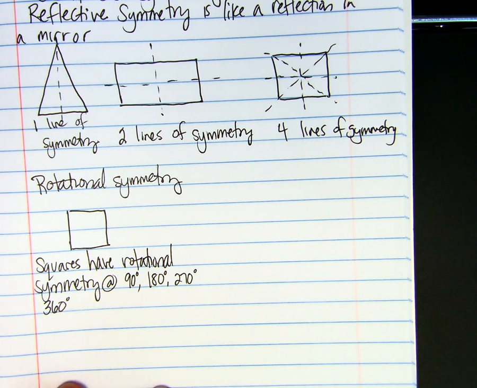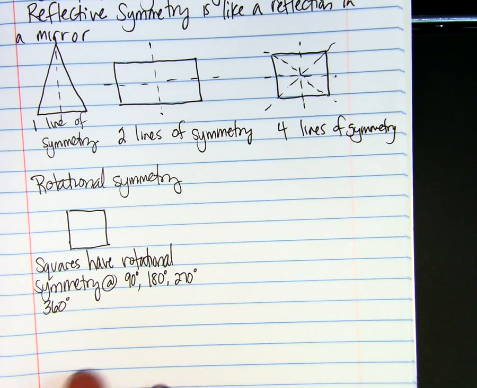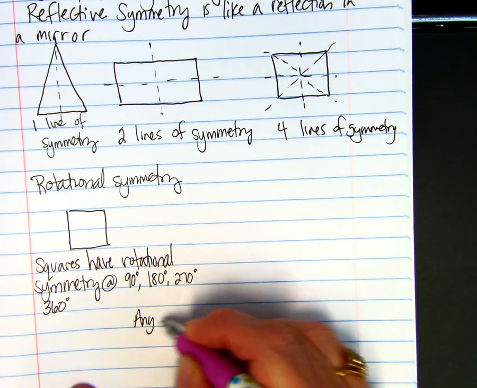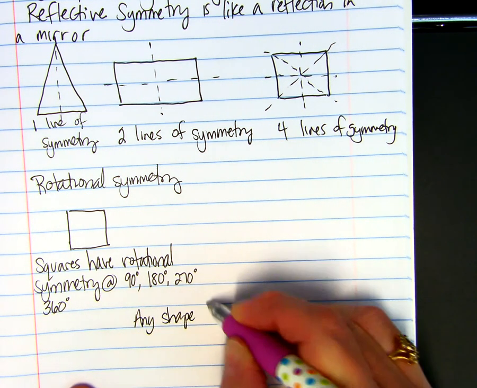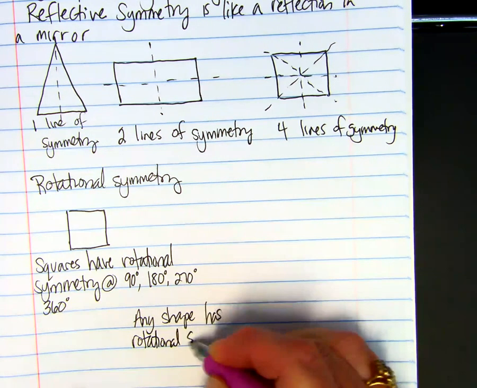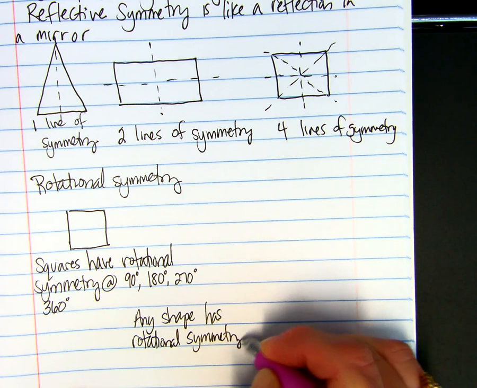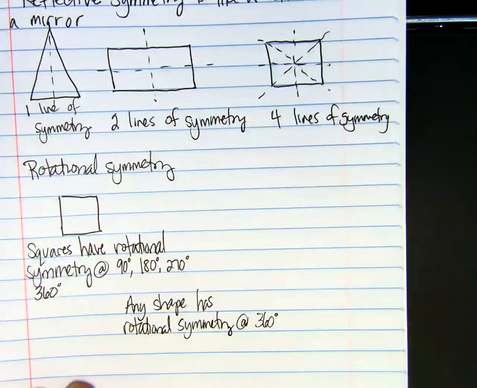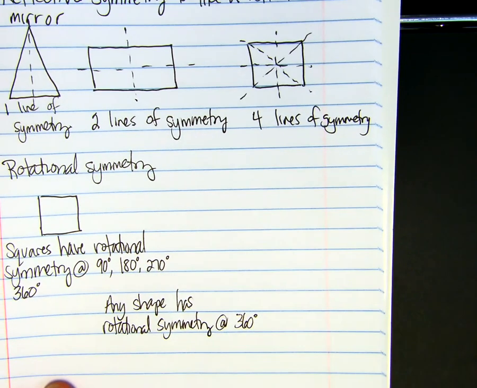I just want to say that any shape has rotational symmetry at 360 degrees. You can take any shape, turn it all the way around.